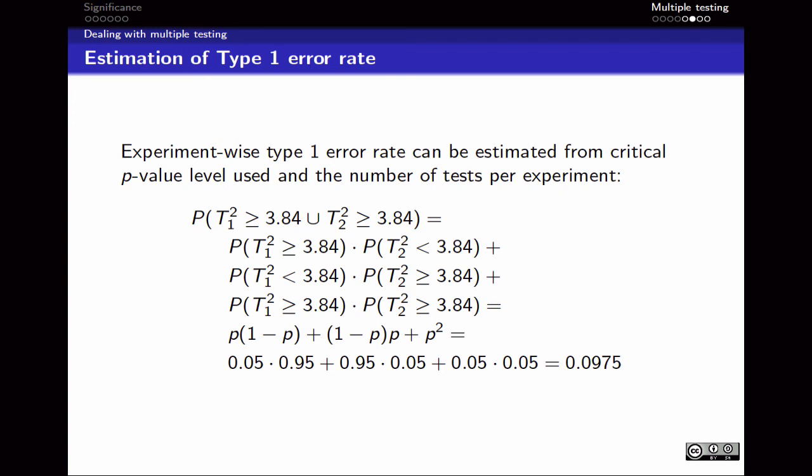So this is exactly what you expect according to probability theory for the type 1 error in an experiment which consists of 2 independent tests, where we reject the null hypothesis when either of these tests shows a p-value less than or equal to 5%.